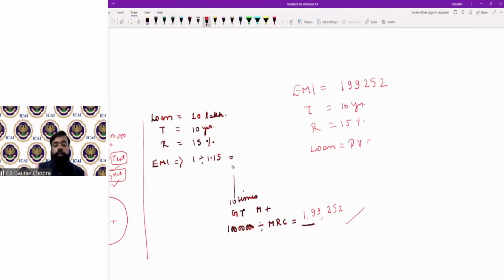Loan amount means the present value you have to calculate. Then what you have to do? The process which we have done just before EMI. So the process, the steps that we followed before for EMI, you have to follow as it is. You will get your answer. Okay.